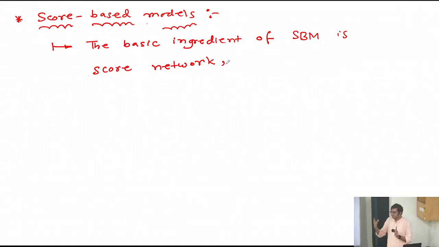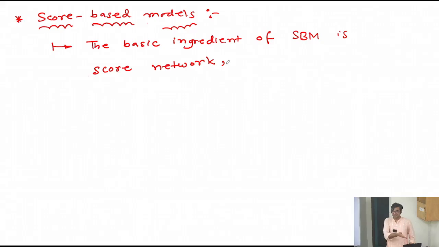Now, if the input is X, which is let's say an image, and the output is the score, if I have D pixels, what will be the dimension of the score? Any idea? Score is not a scalar, score is a vector field. The dimension of the score is the same as D.